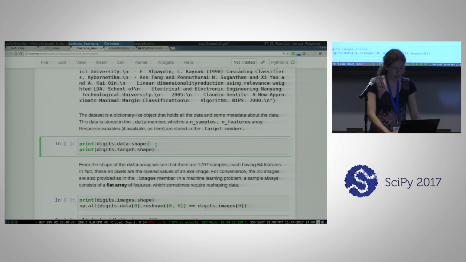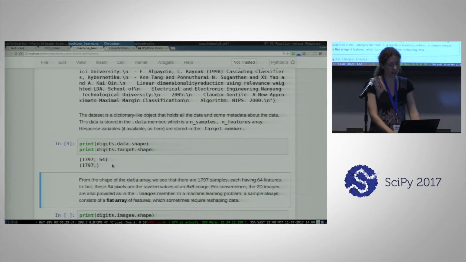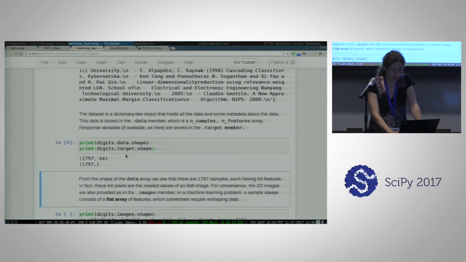If I ask for its shape and for the shape of the digits.target object, then I see that I have 1,097 samples, and each of them has 64 features. And there is this other array, the target array, which corresponds to the class of each data sample.